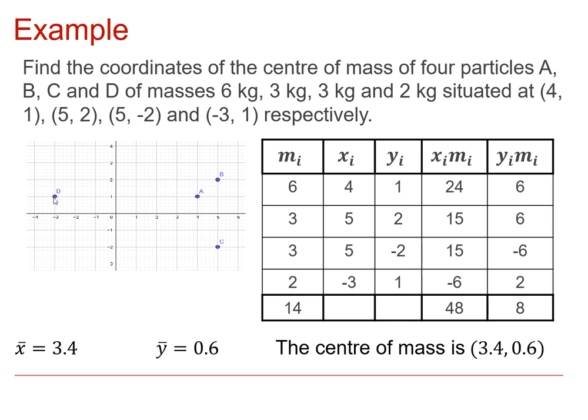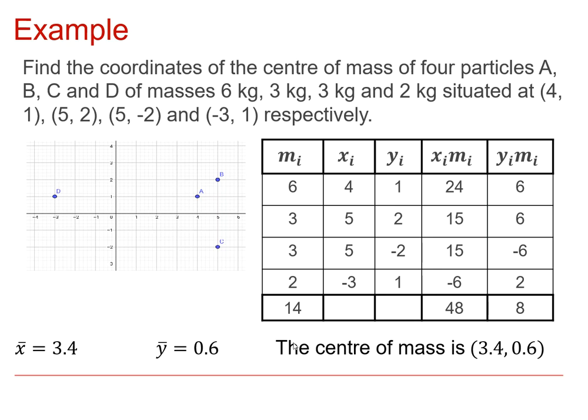Notice, of course, for objects like D and C, they have at least one negative coordinate, so we've got to make sure we use a negative number there. And then, just like before, we add up the masses, add up the product of x times the mass, and because it's two-dimensional, we're also adding up the product of y times the mass, and then we're doing a separate calculation for x and for y.